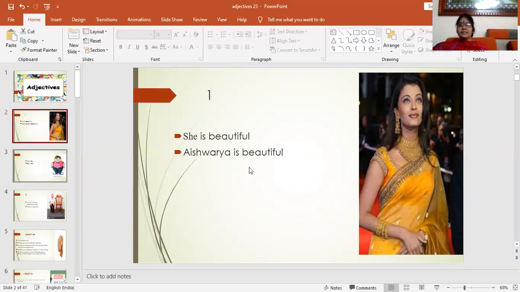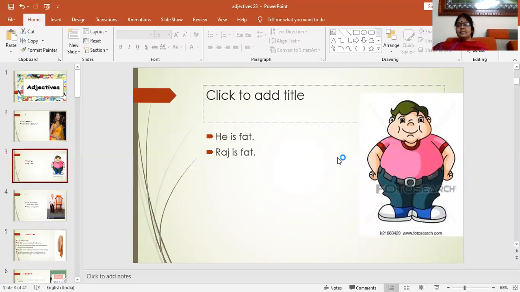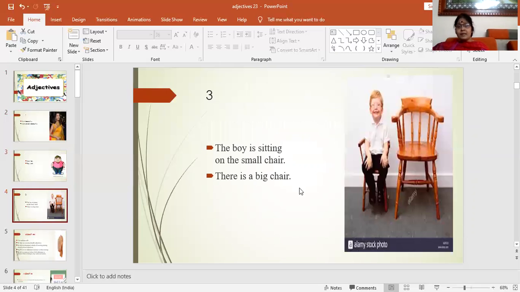Let us look at another example. He is fat. Raj is fat. Now here, the word fat is modifying the word Raj, that is noun. And here, the word fat is modifying the pronoun he, right? Then, let us go for another example. The boy is sitting on the small chair. What is small? Chair.